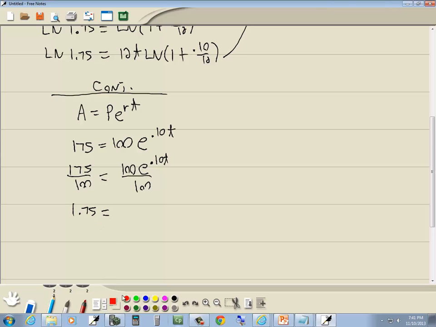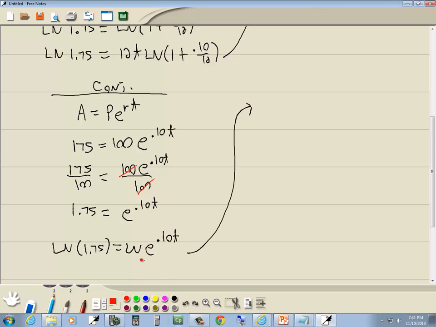On the right side, these hundreds are going to cancel, and we have e to the 0.10t power. Step 2, take the natural log of both sides. So we have the natural log of 1.75 is equal to the natural log of e to the 0.10t.